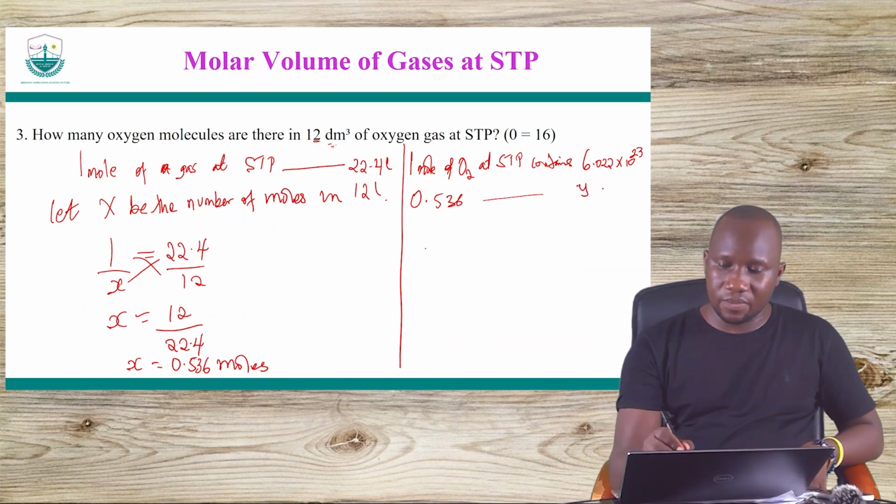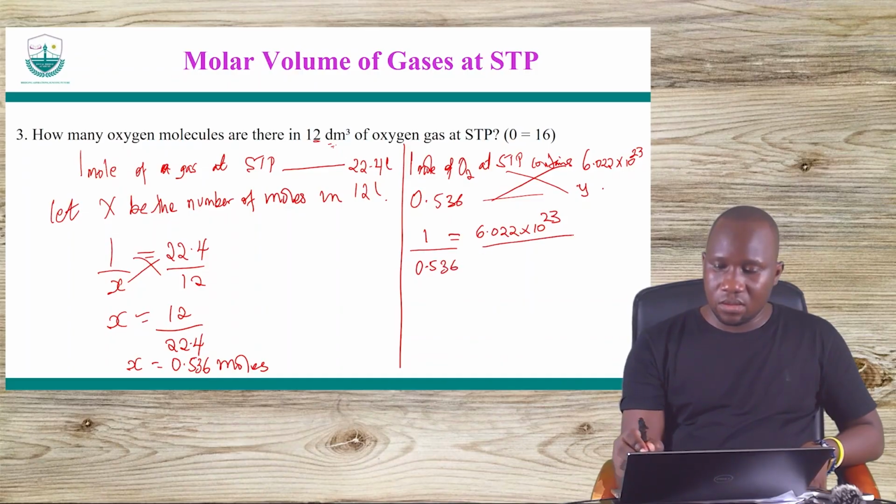Put Y there. So basically it's the same cross multiplication. 1 mole equals 6.022 times 10 power 23.